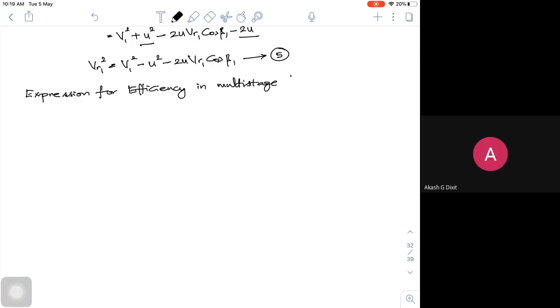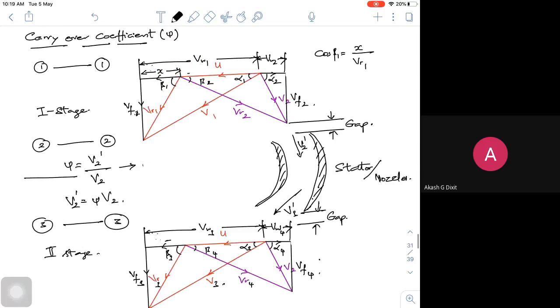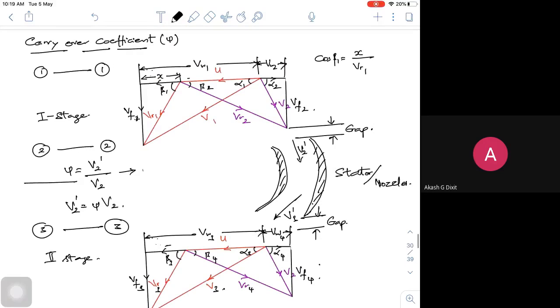So this should be your final derivation. Gross stage efficiency is what we are looking at. Now, if I consider the inlet velocity triangle, fine, if I take this inlet velocity triangle, or maybe one of the stages, I will take this particular velocity triangle.